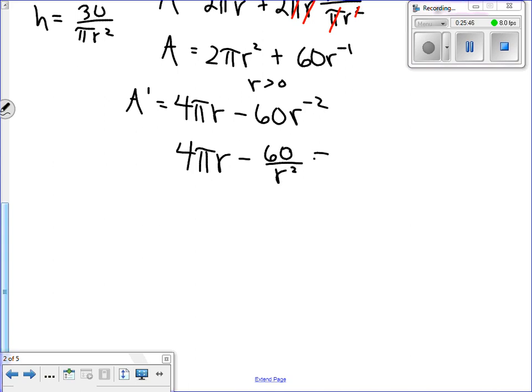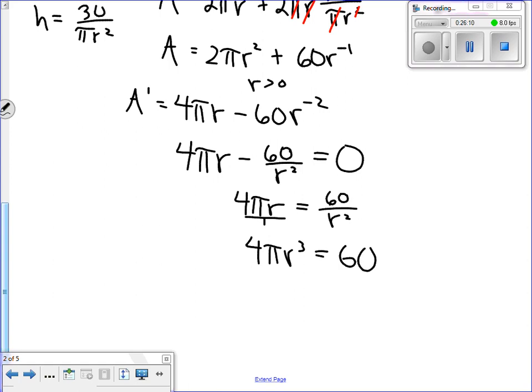So we set the derivative equal to 0. Add the negative term to both sides. So we have 4 pi r. We're adding 60 over r squared to both sides. So it would be positive 60 over r squared. We can then cross multiply. So we have 4 pi r cubed equals 60.